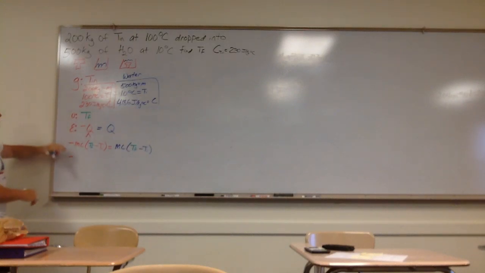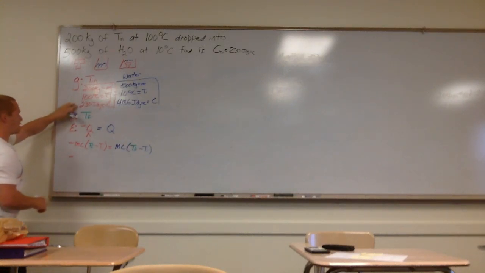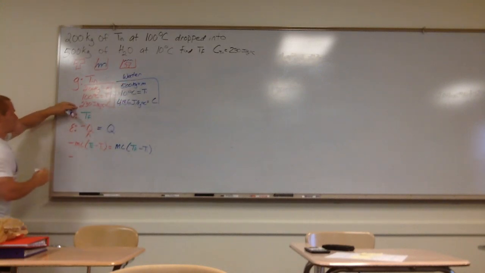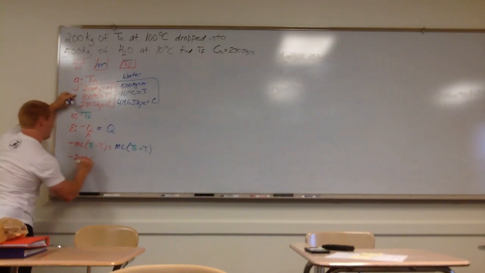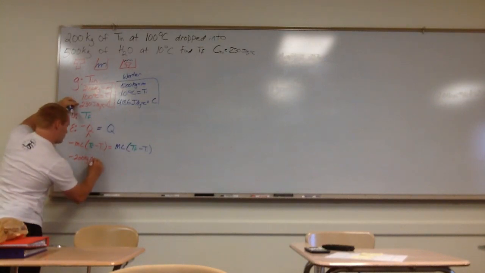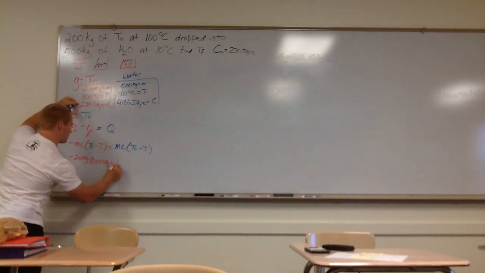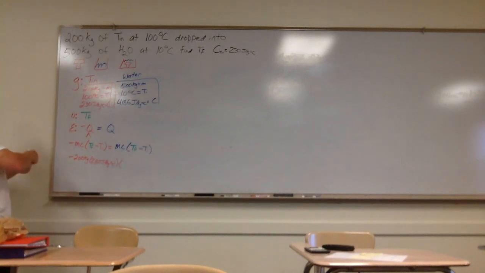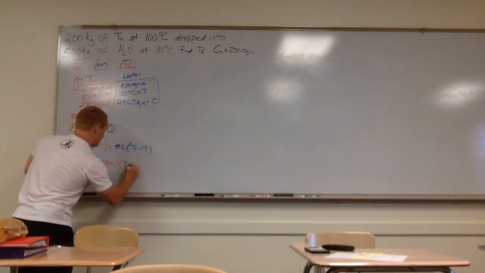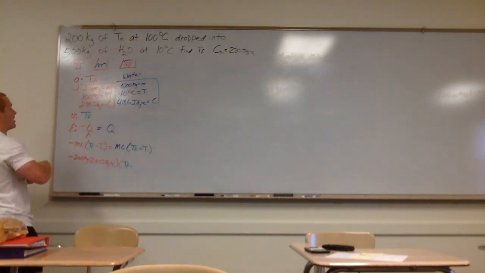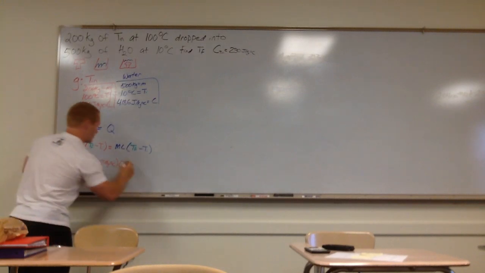Notice I color coded, so it's going to be real easy. All the red should be over here. All the blue values are over here. So 200 kilograms, 230 joules per kilogram Celsius. We still don't have TF, and our TI is 100 degrees Celsius.